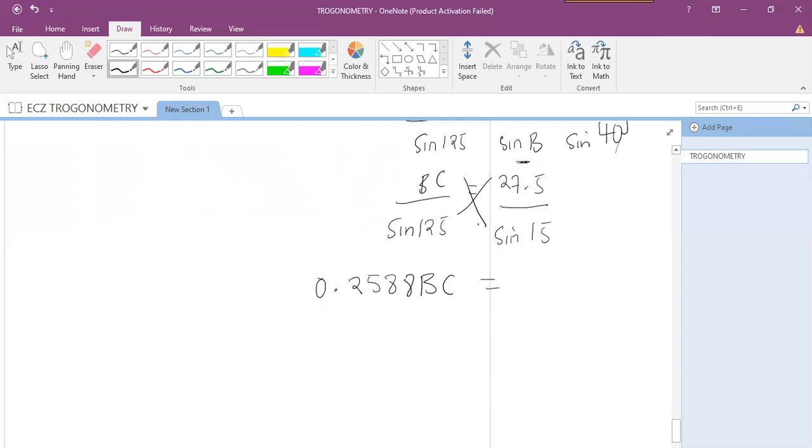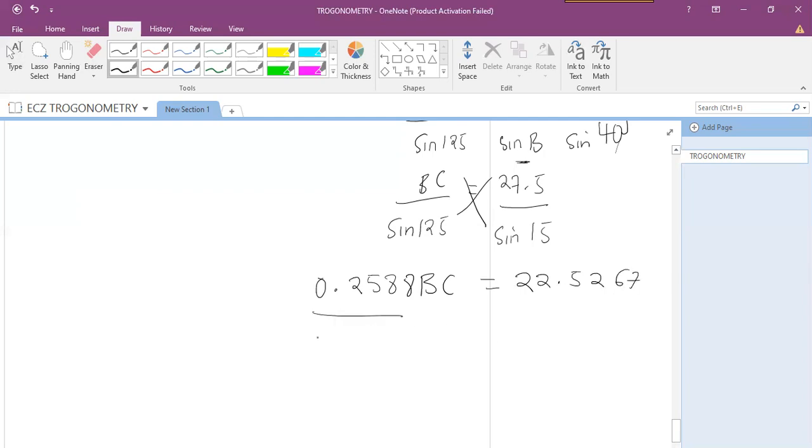So always start with the trigonometric angles. You say sine 125, then you multiply it by 27.5. You are going to get 22.5267.